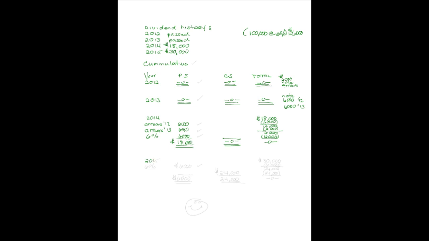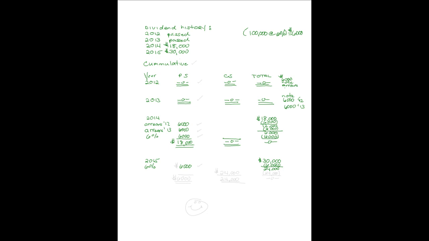Finally, 2015. We have a decent dividend paid, and it's another one in a row. That's helping things out. 30,000. 6% is going to go to the preferred stockholders because they get their amount paid first, ahead of the common stockholders. That leaves 24,000 left.